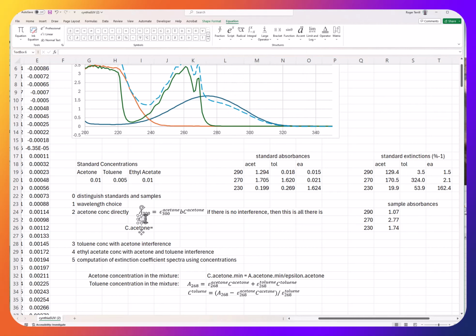C acetone equals A 300 divided by epsilon 300 acetone.